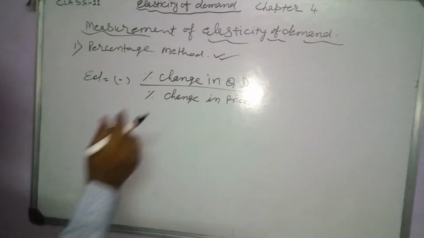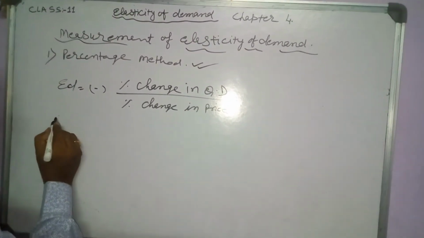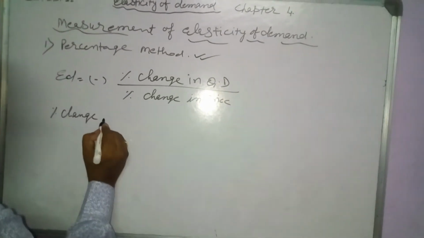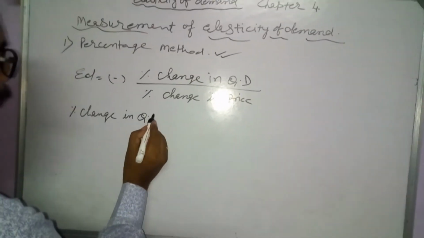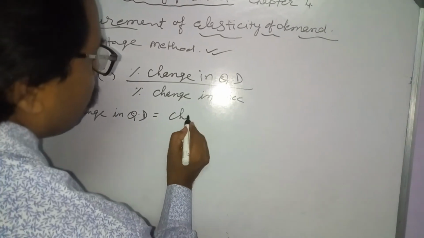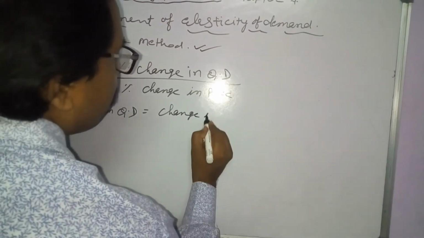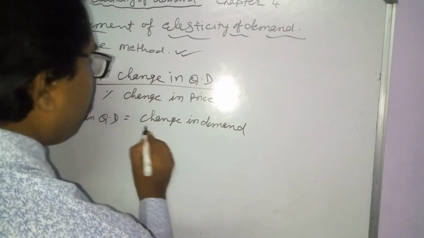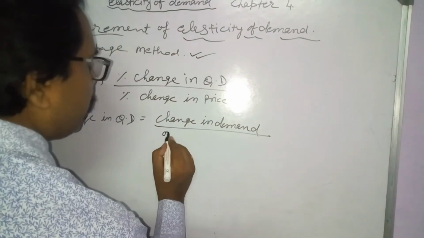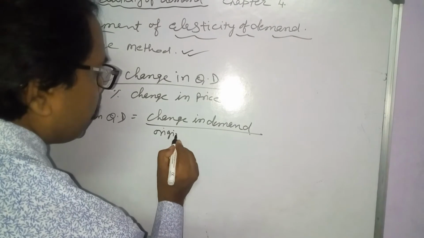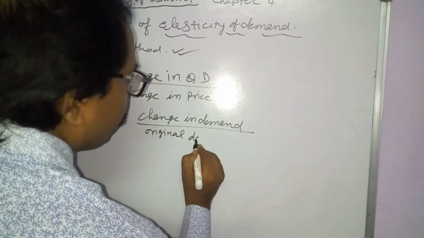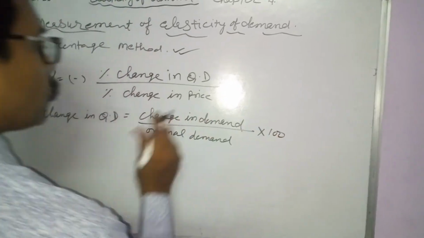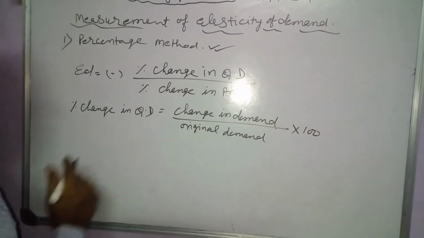So percentage change in QD we can write: percentage change in quantity demanded is equal to change in demand divided by original demand into 100.